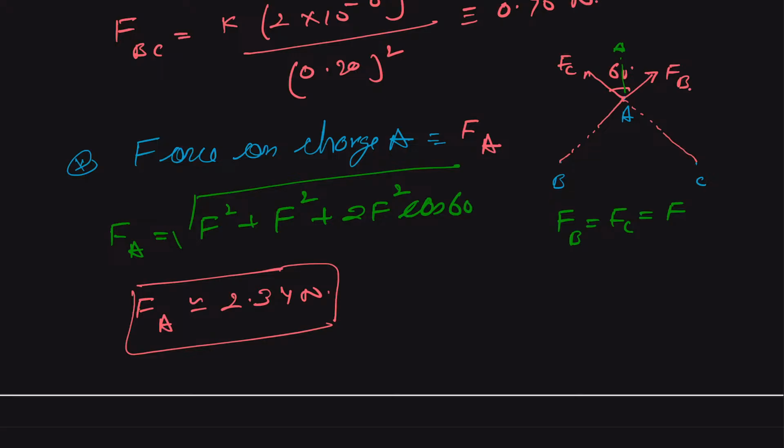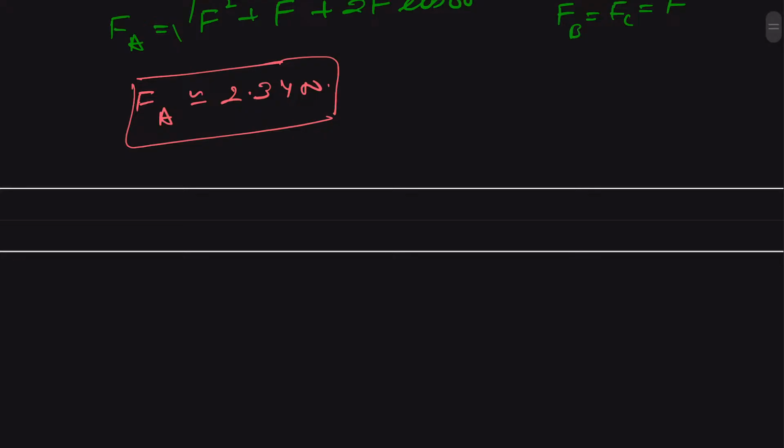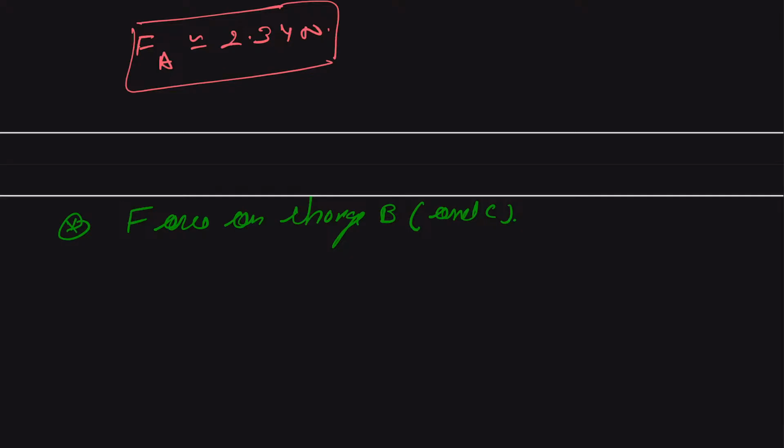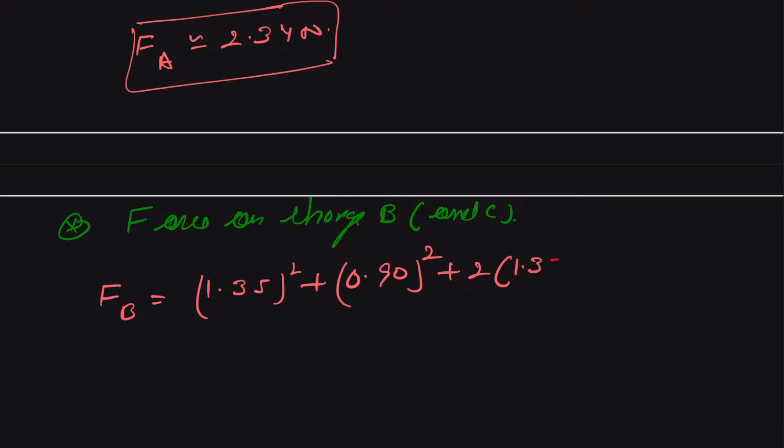And similarly we can find out force on charge B, and that will be same as force on charge C. So you can say that force on charge B and C will be same, and therefore we can write that FB will be equal to the square root of 1.35 whole square plus 0.90 whole square plus twice 1.35 times 0.90 and cos of 60.